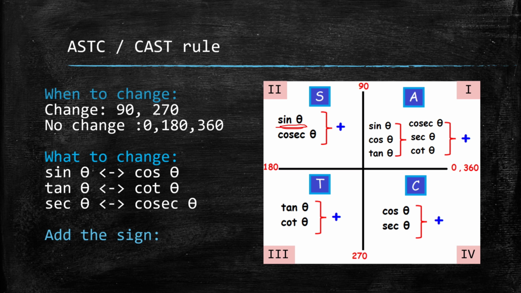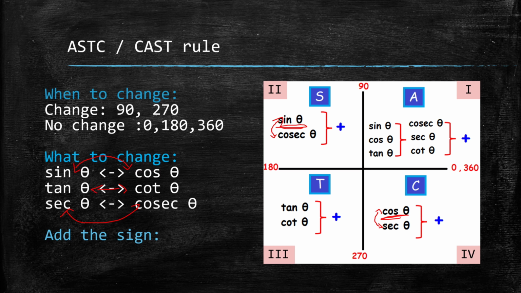They will think sine will change to cosecant just because sine is the reciprocal of cosecant. But always remember sine changes to cos and cos changes to sine. In the same way, secant changes to cosecant and cosecant changes to secant. And anyhow, tan changes to cot and cot changes to tan.